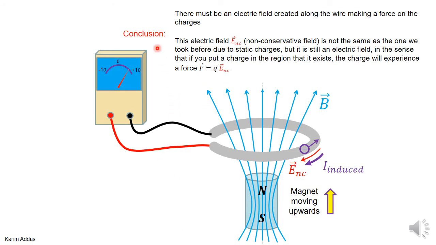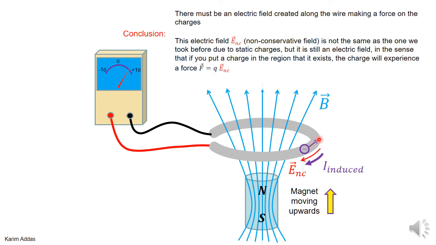So the conclusion that we can find is that there must be some electric field that's created along the wire which is making a force on the charges. Since the charge here is moving with a velocity this way, this electric field should be going this way, because remember, the force on a charge in an electric field is Q times E, and if the charge is negative, then the electric field will be opposite the direction of the force.